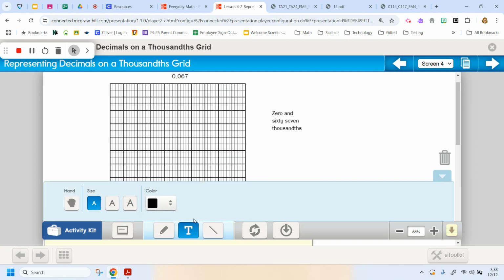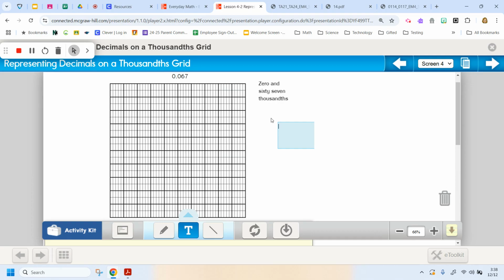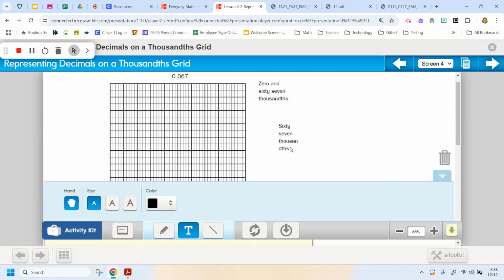But we could also call it just 67 thousandths instead of having the 0. So there are 2 names there.